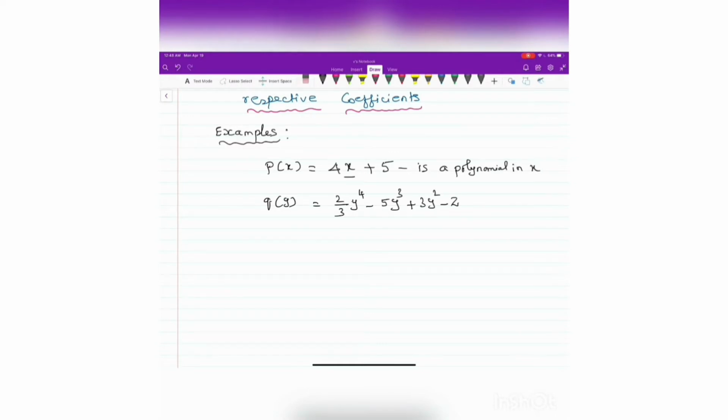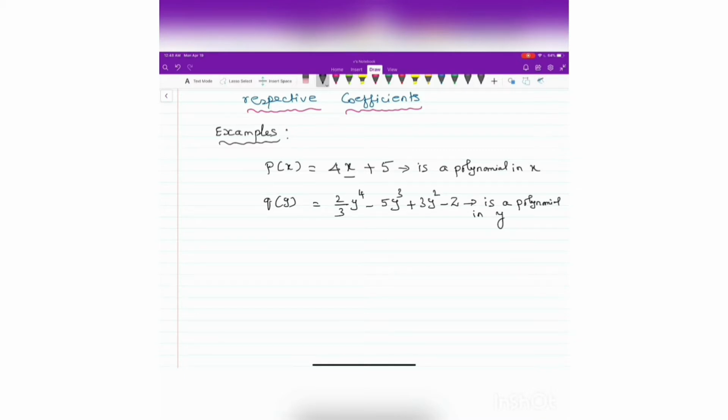So they are all positive integers, and this 2 by 3, minus 5, 3, minus 2 are real numbers. So it is a polynomial in y. That is very important.